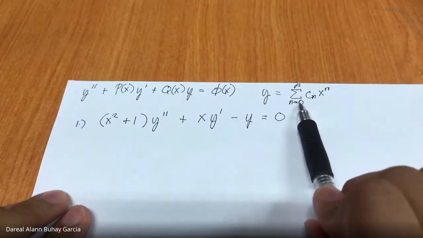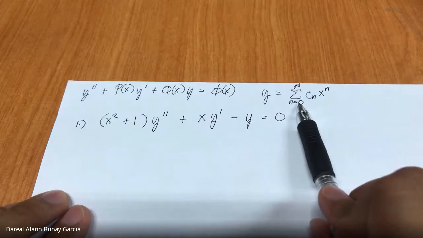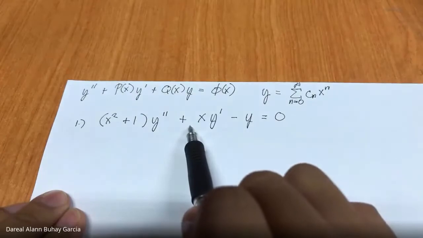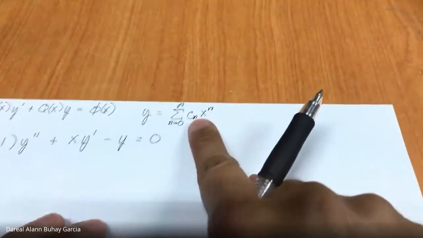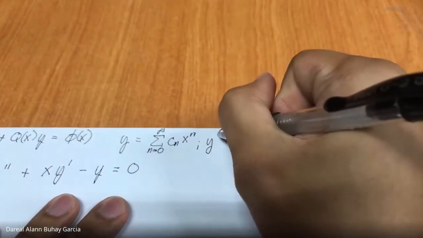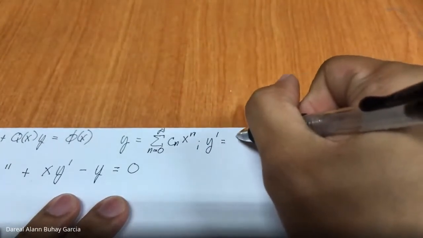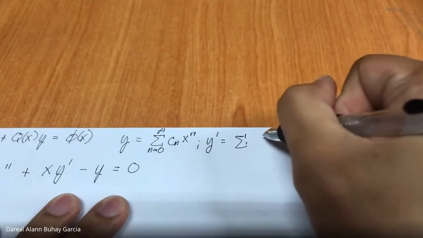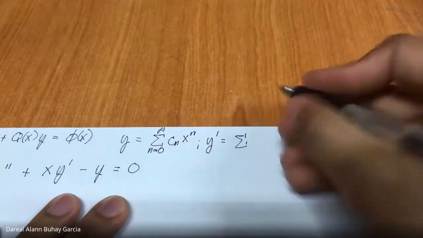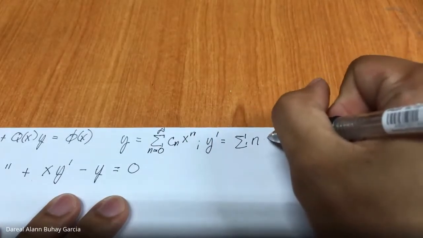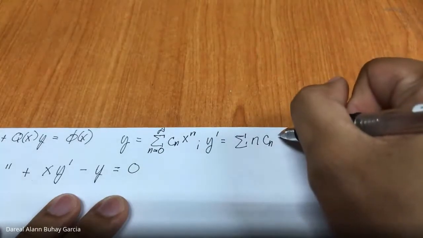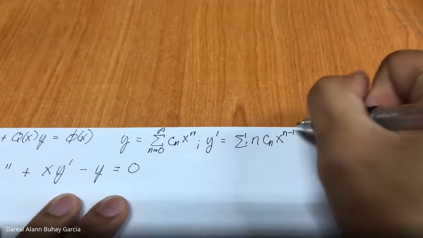Just substitute the assumed solution, just like MUC. Substitute the assumed solution and its derivatives to our original equation. So if this is y, we need to solve for y prime and y double prime. Y prime would then be equal to the summation of c sub n times n, with the exponent brought down, x to the power of n minus 1.